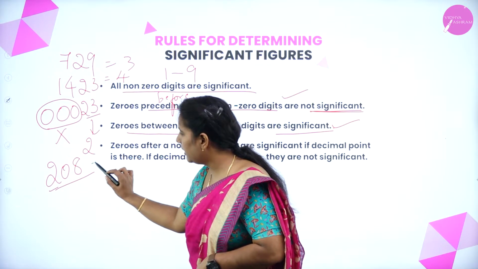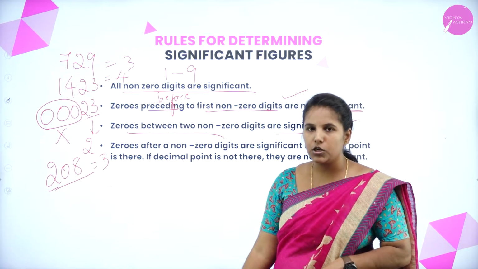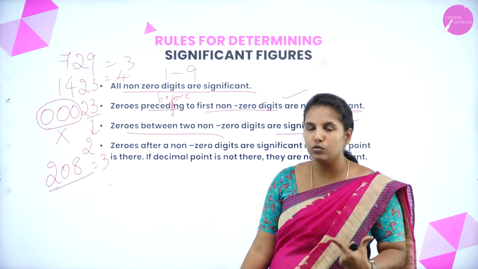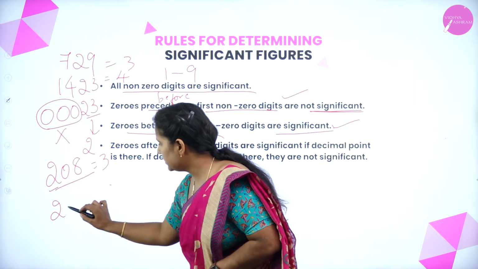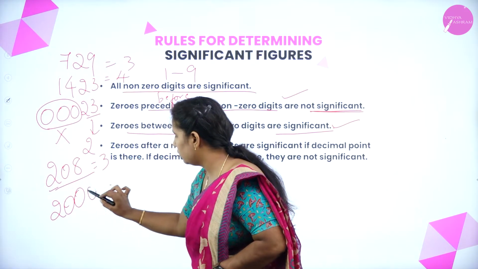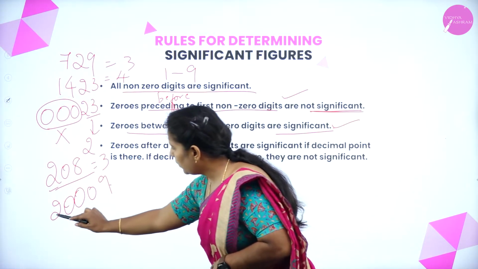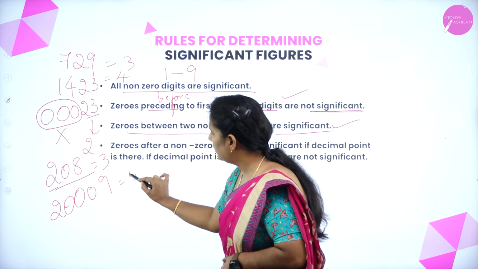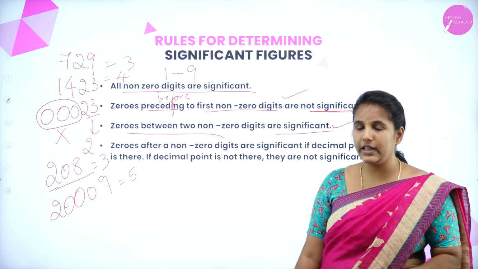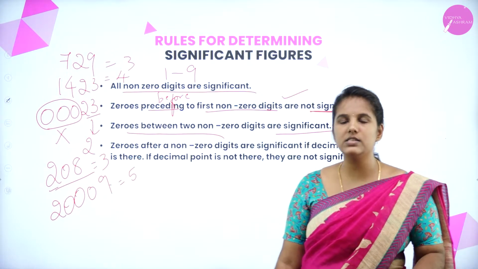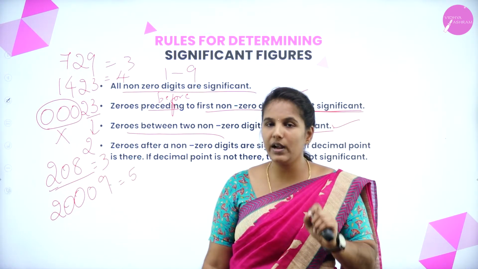So, if you count here, there are 3 significant figures because the 0 is present between the two non-zero digits. Okay. Another example is 20009. How many significant figures are there now? You can count 1, 2, 3, 4, 5. 5 significant figures are there. This is how each rule tells us to identify the significant figures in different cases.